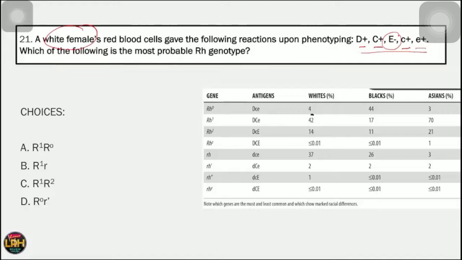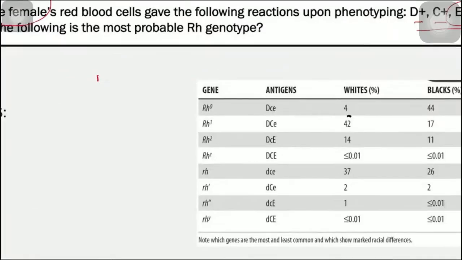The gene that codes for the haplotype of the female whites. The female whites predominantly have a haplotype of big D, big C, and small e, and small d, small c, and small e.